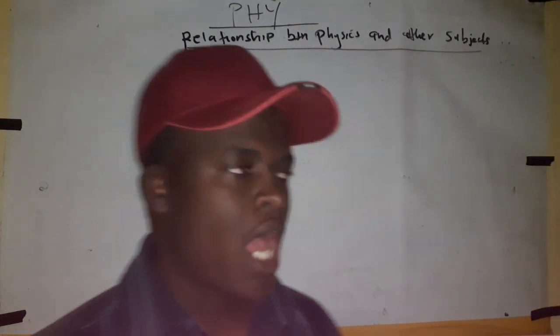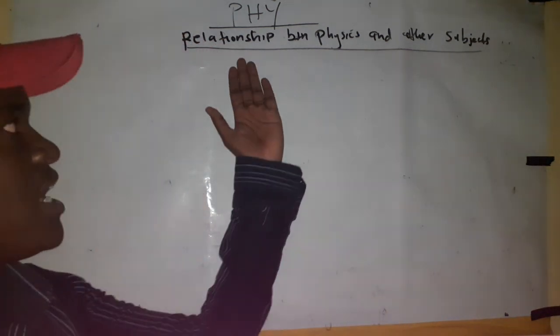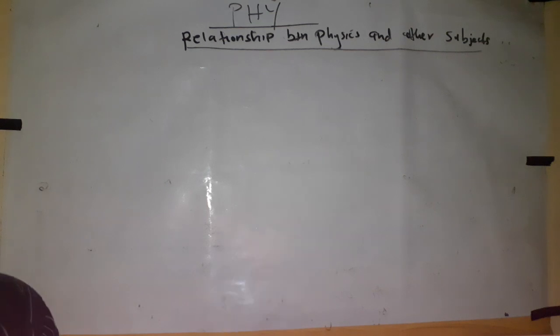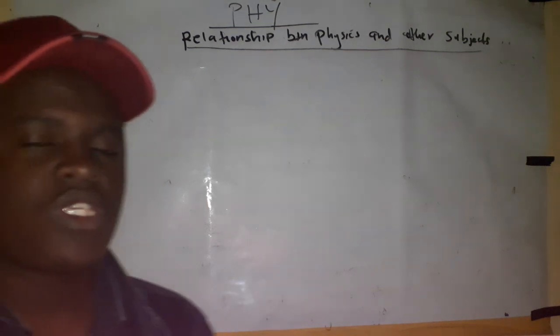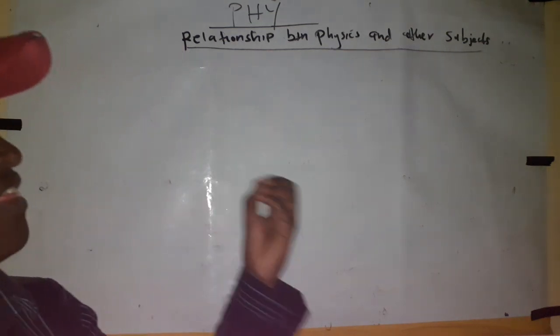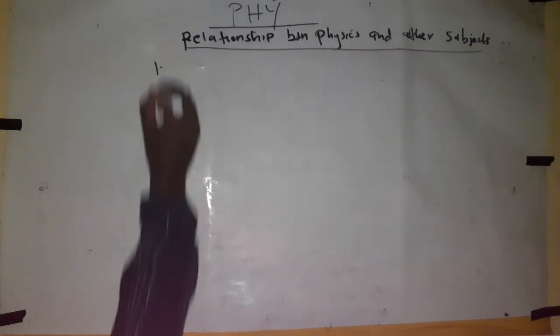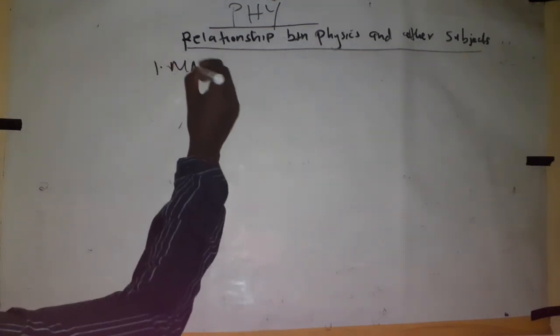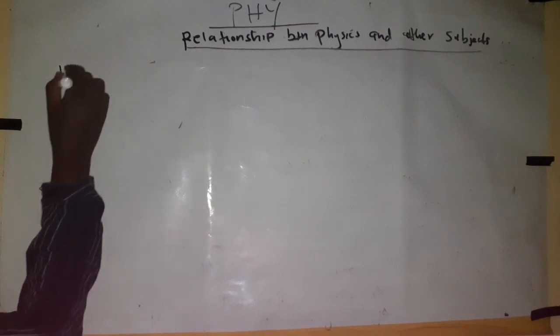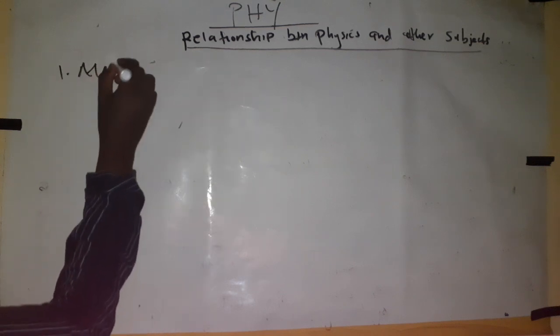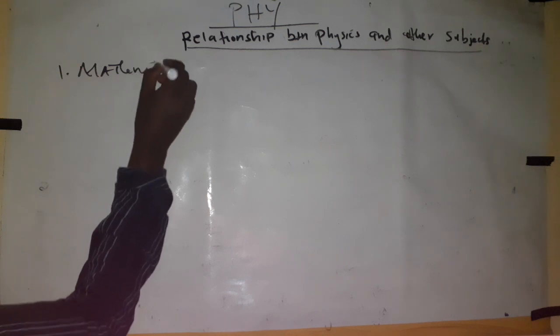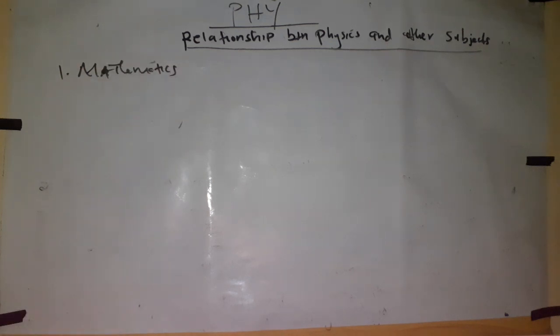So today I want us to talk about the relationship between physics and other subjects. In other words, we want to see how physics is related to other disciplines which we learn in our schools. The first subject, subject number 1, is mathematics. So how is physics related to mathematics?